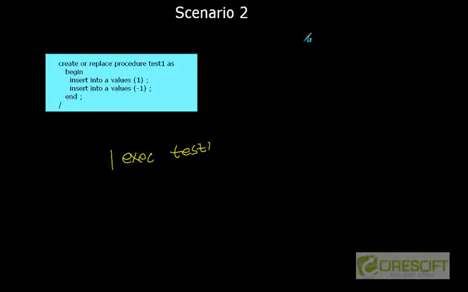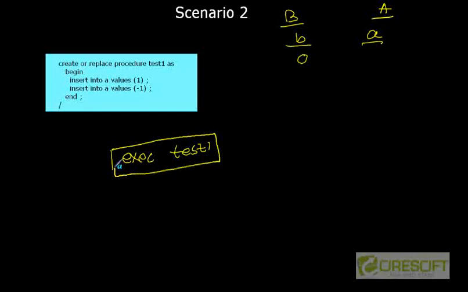Let's start with table A having nothing and table B having a value of 0. When I execute test1, this PL/SQL procedure is going to generate these statements.